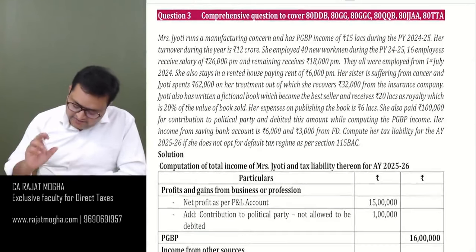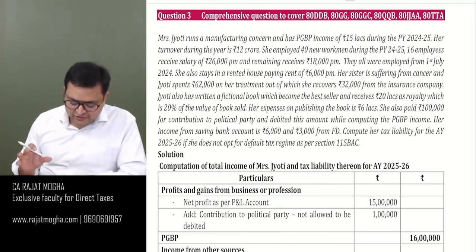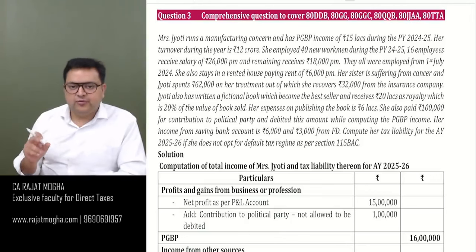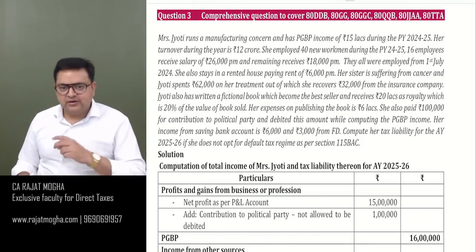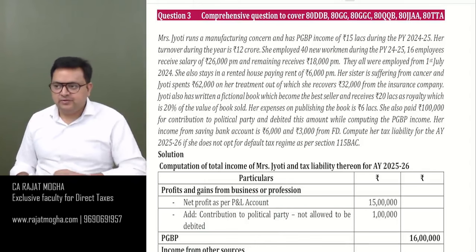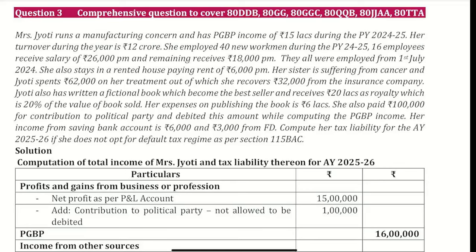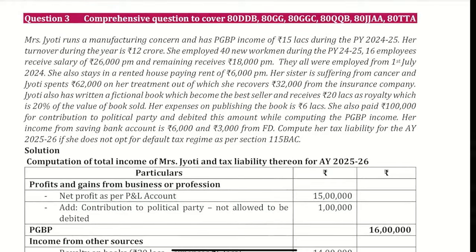Okay. I'm not reading the entire question number 3, but I'm taking a few points to explain how much is the 80JJAA deduction. This is question number 3. Mrs. Jyoti runs a manufacturing concern and has PGBP income of 15 lakh during the previous year 24-25.